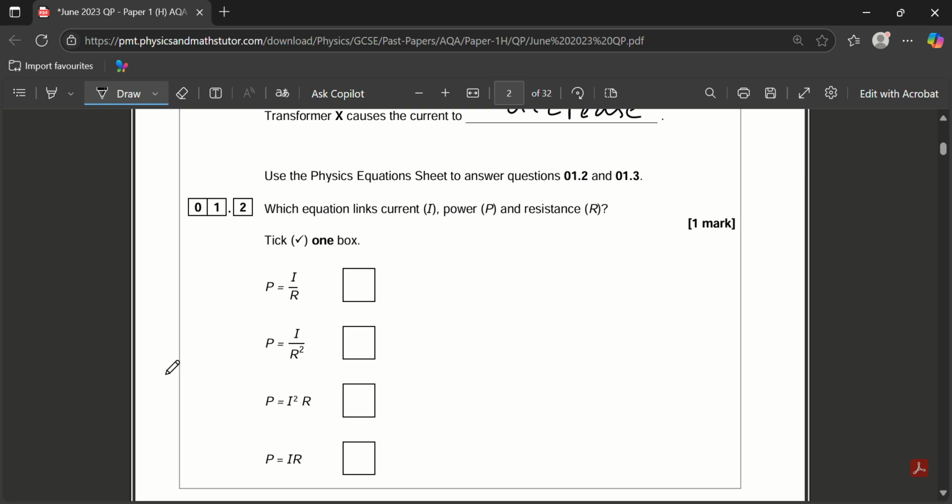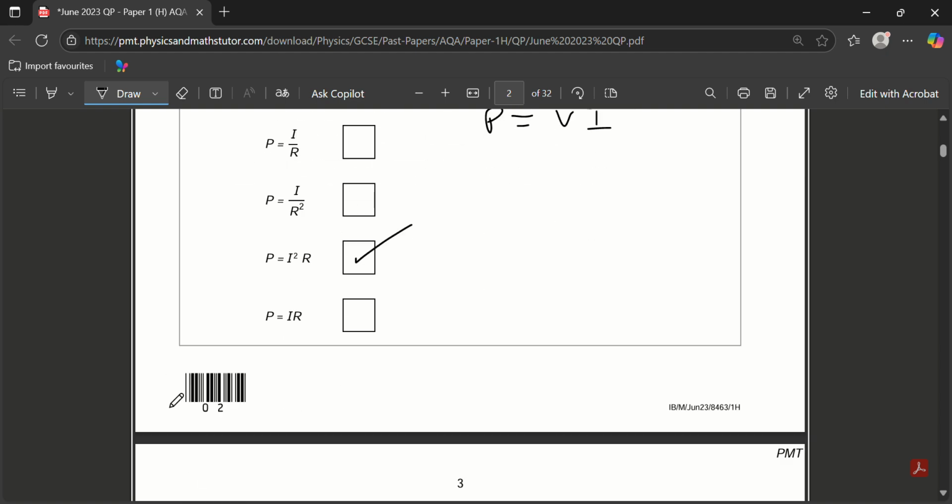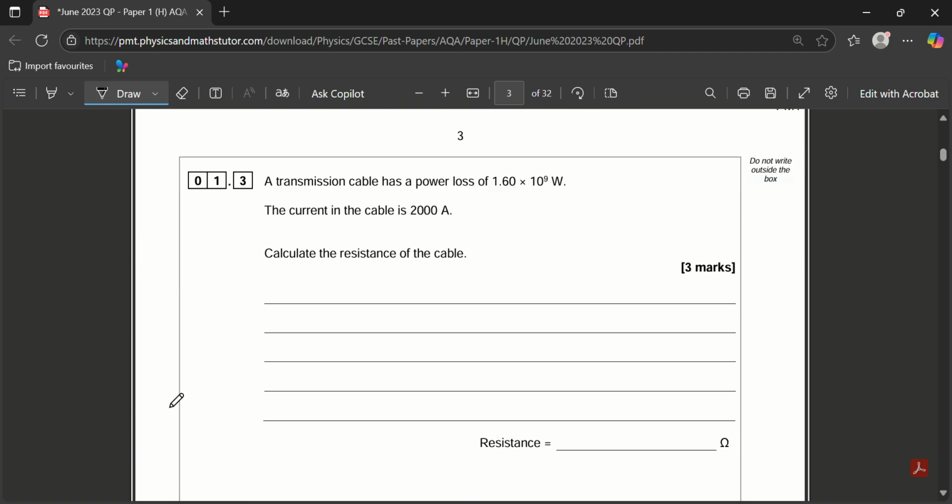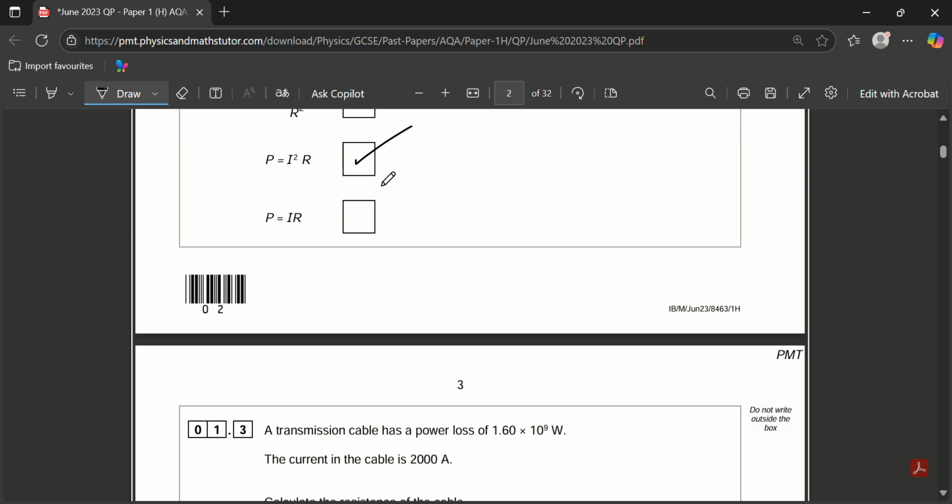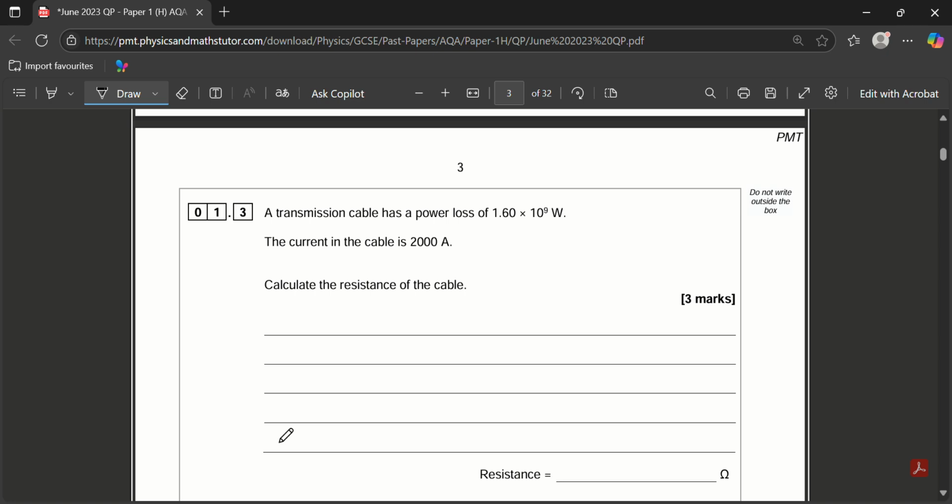Now, not only does P equals VI, but using the equation sheet, we know that P equals I squared R is another equation. We use this exact equation here to solve this one, because it looks like they're talking about power loss, current and resistance.